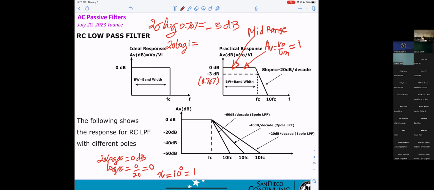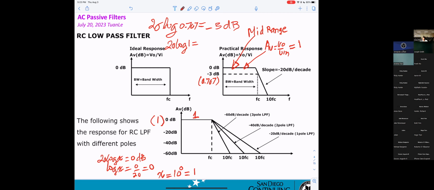That's telling you 0 dB equals a gain of 1. That means the output and input will be the same, no loss.